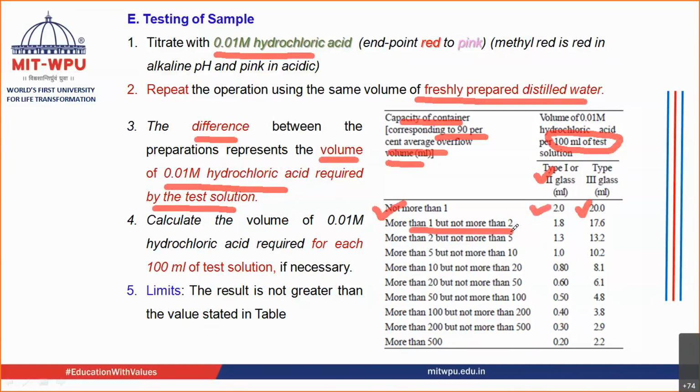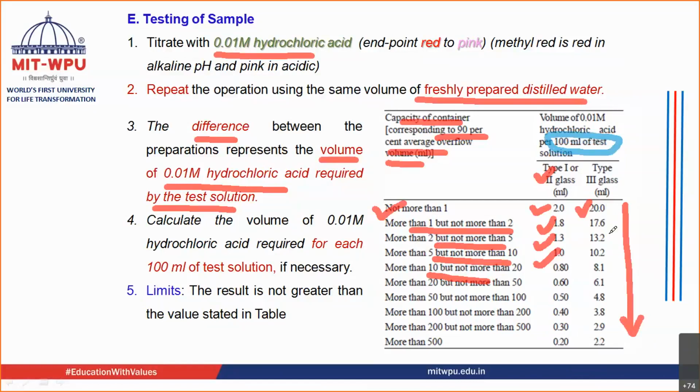If it is between 1 to 2, this is the quantity of ml that is required. Between 2 to 5 it is 1.3, between 5 to 10 it is 1, and so on and so forth. So as the capacity of the container increases, the volume of HCl required decreases.